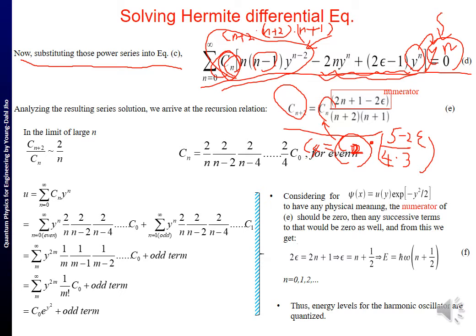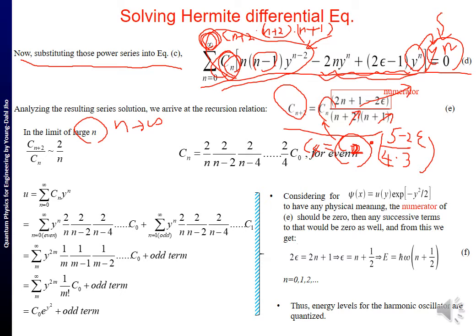This is the power series added all the way to infinity, so n goes very large. In the limit of very large n, we compare n with 2, then 2 is ignorable, 1 is ignorable, and these are just finite values, so they are ignorable.